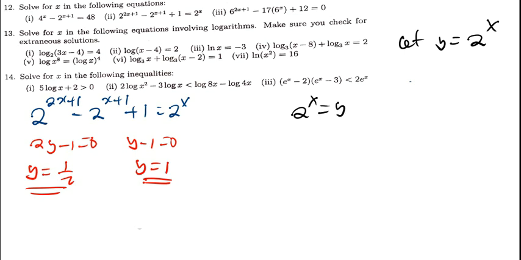Where there is y, let's put now, I'll start with half. 2 raised to the power x, we want to find the value of x, will be equal to half. I can make the base to be the same, meaning it's going to be 2 to the power x is equal to 2 to the power negative 1, because 1 over 2 is 2 to the power negative 1. Okay, so the base can cancel, x is equal to negative 1.